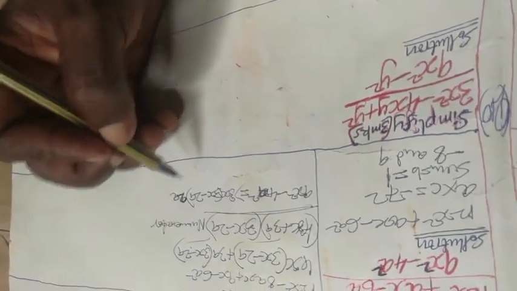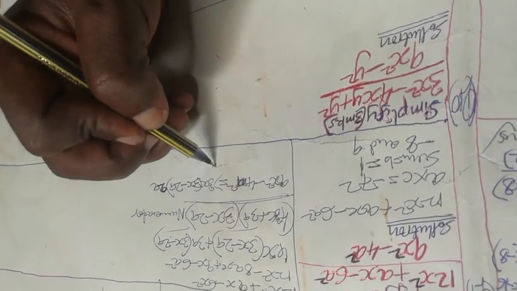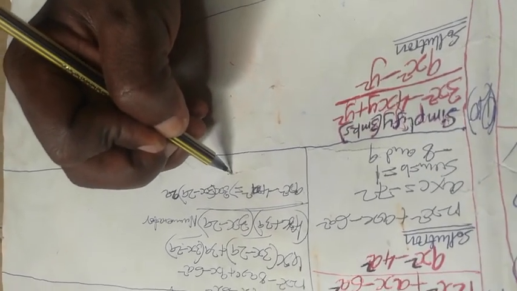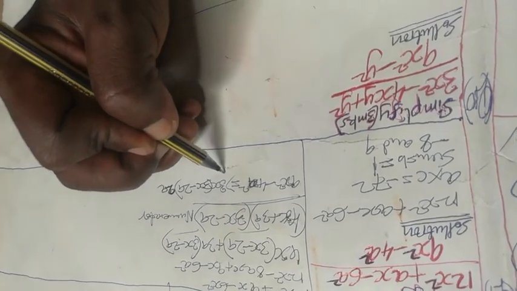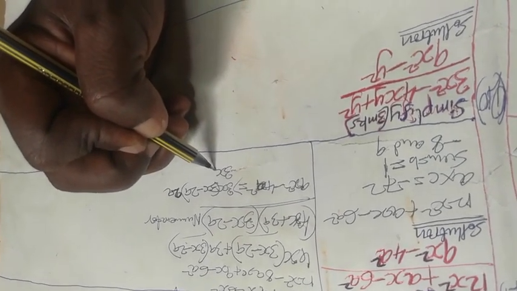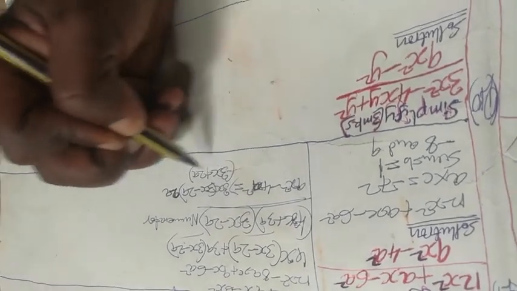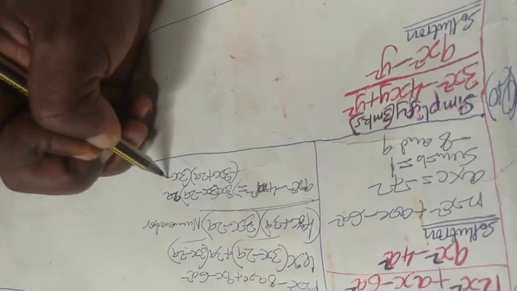Hence this will further give us 3x plus 2a into brackets 3x minus 2a.